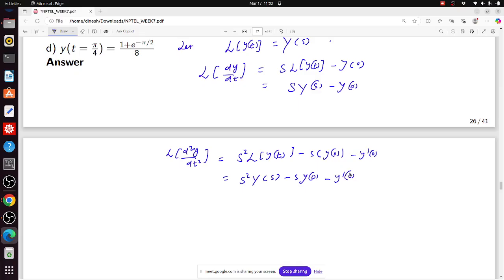On taking the Laplace transform of both sides of the differential equation, we get the Laplace transform of d squared y by dt squared plus y is equal to the Laplace transform of e power minus 2t sin t.